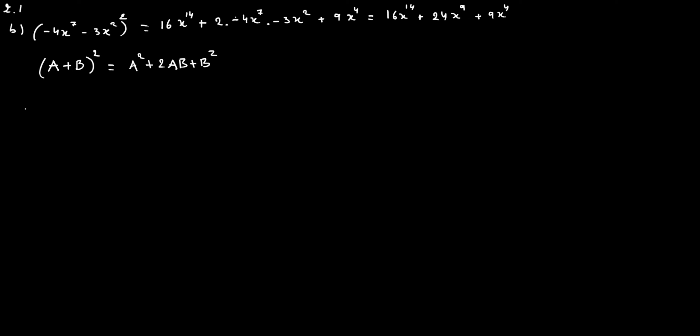Let's have a look at question D then. And here it is, much the same as before, but now it's raised to the power of 3. 2x to the power of 3. And this takes a little bit of a different approach.